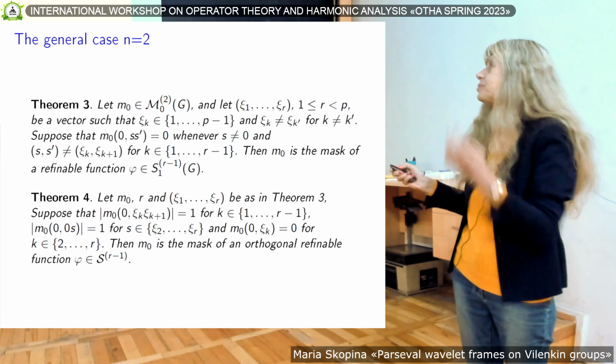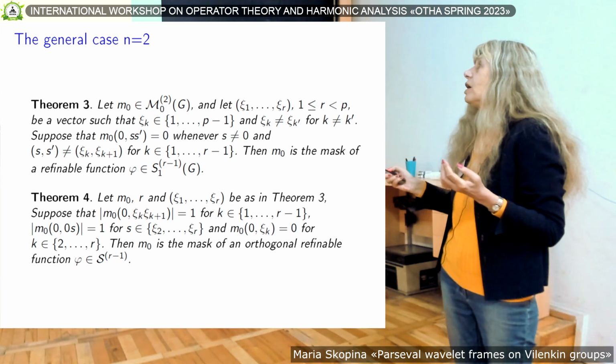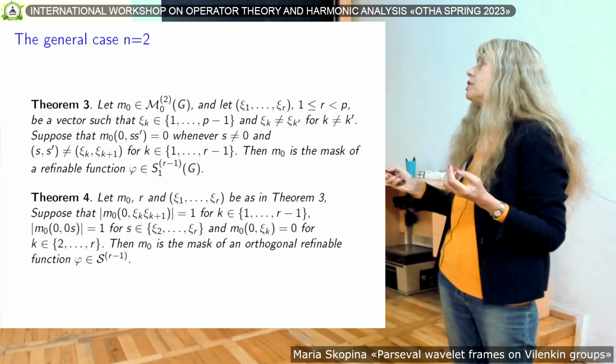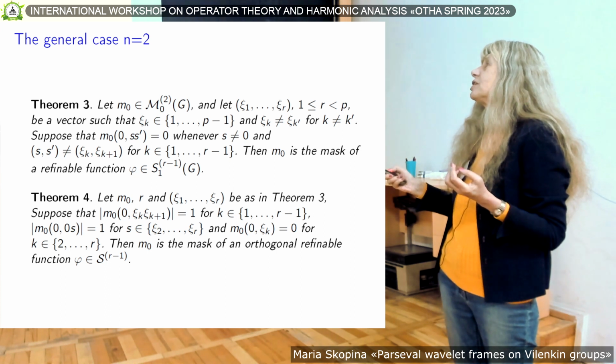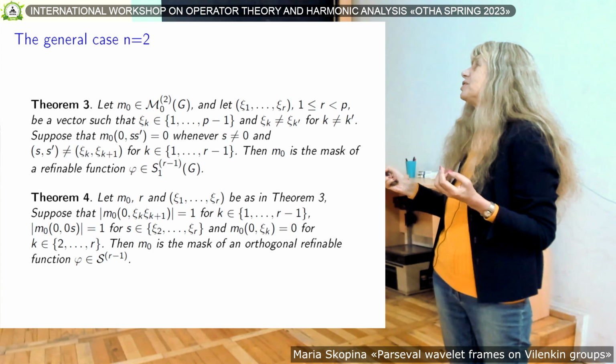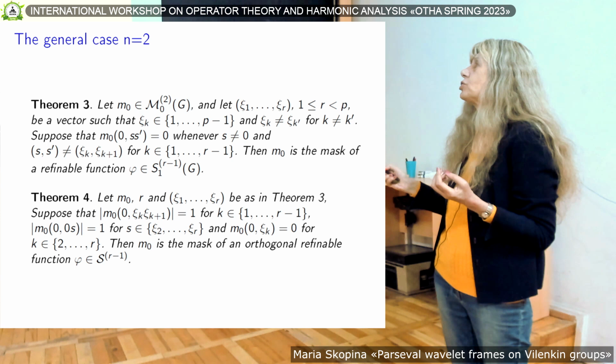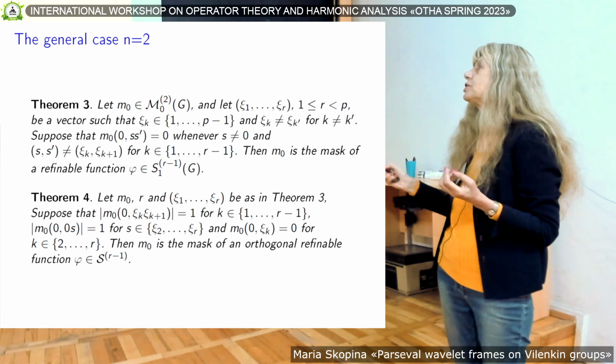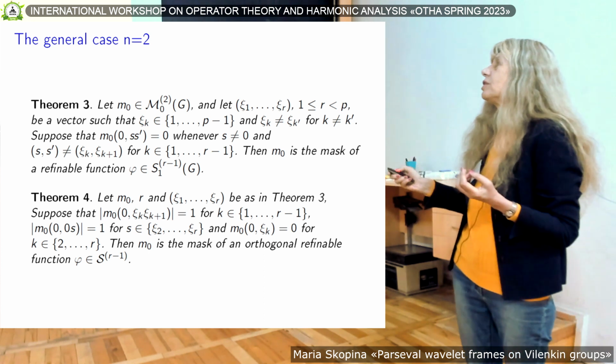Suppose M0 vanishes at each point 0, S prime, where S is non-zero, and this is not a pair from this sequence.